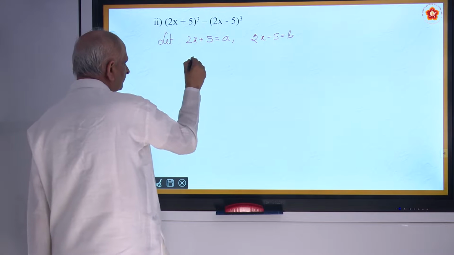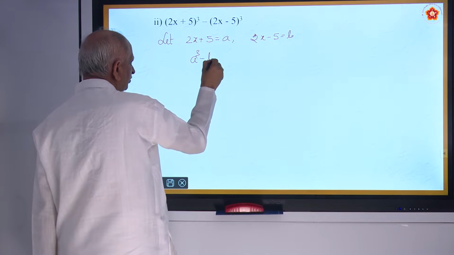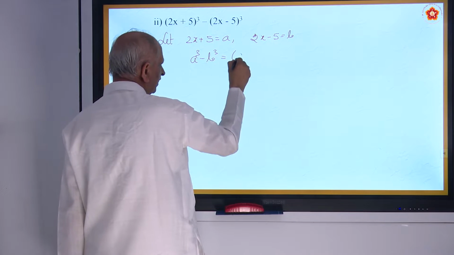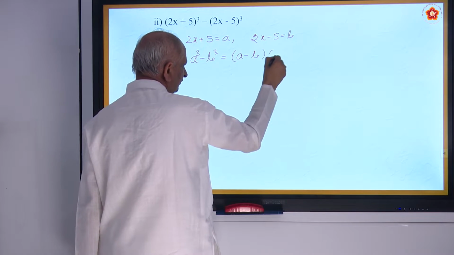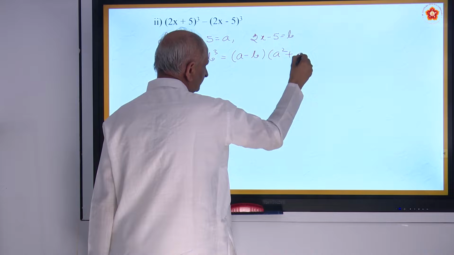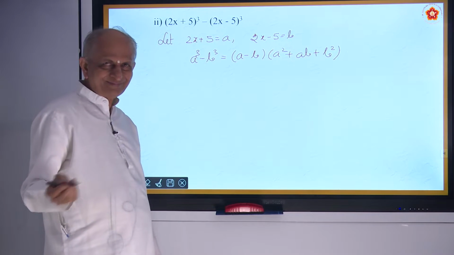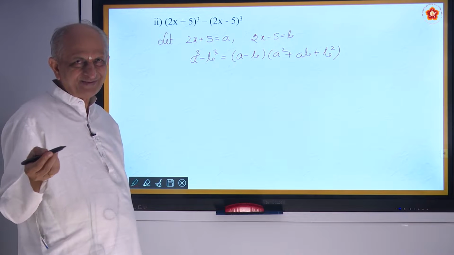Then what do you get? a³ − b³, which is equal to (a − b)(a² + ab + b²). Are you following? Taking down?